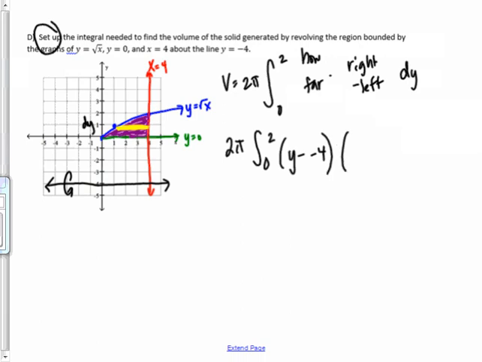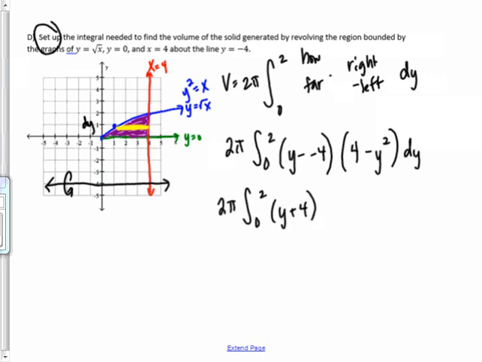And then I'm going to do the right end of the rectangle, which is 4, minus the left end. Be careful you don't stick in the square root of x. Okay, you got to solve it. So y squared would be x if you squared both sides, times your dummy. Okay. So 2 pi integral 0 to 2 of y plus 4 times 4 minus y squared.